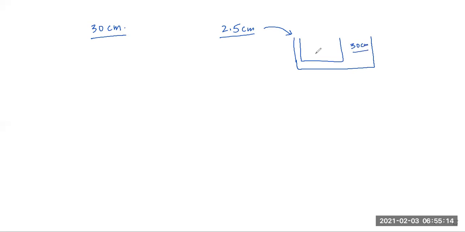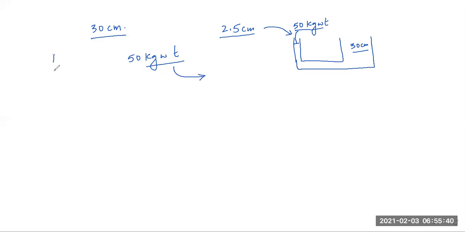Find the force exerted on the larger piston when a 50 kilogram weight is placed on the smaller piston. On this piston, I have placed a weight of 50 kilogram weight. Students, you must know kilogram weight is a gravitational unit of force.